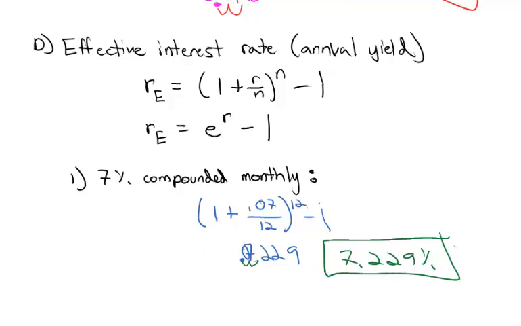Because that 7% compounded monthly is split up over the entire year, and compound interest earns interest on the interest, in effect, what you have made annually for your interest rate is 7.229%. That 229 is that interest on interest throughout the year.